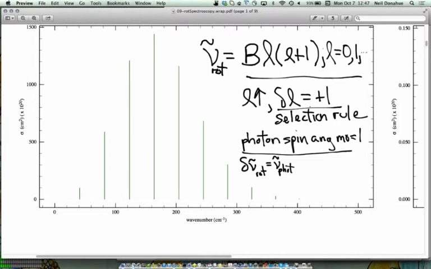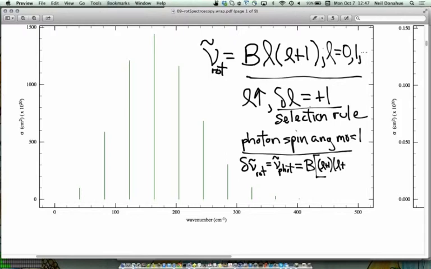So the delta nu, the delta wave numbers of the rotational system, the formula up on top, is equal to the energy of the photon. And the change in the rotational energy of the system is given by a final quantum number L plus 1 minus an initial quantum number L, for a change in L of plus 1.